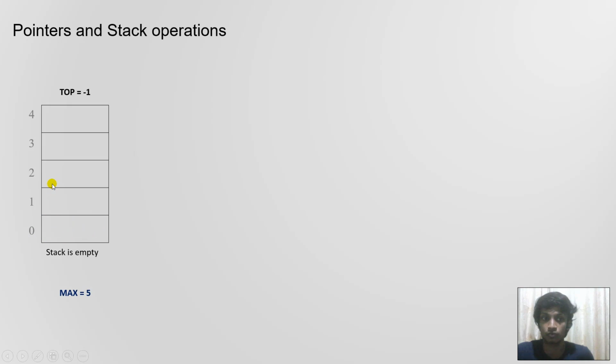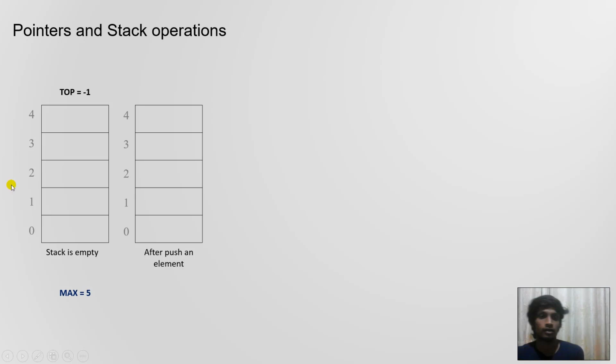If top is 1, it contains another element, so it has 2 elements. Top is 2 means it has 3 elements in this stack. That is basically how the top value increases and decreases. If at the initial state top is -1, then it simply says it is empty. Make sure you know this very clearly.